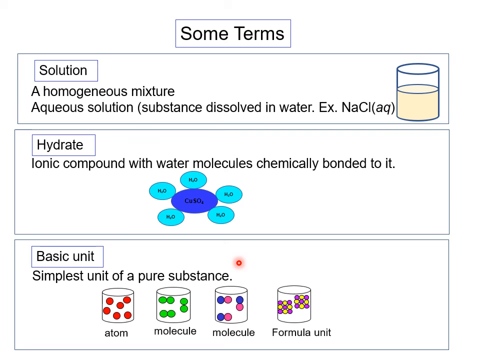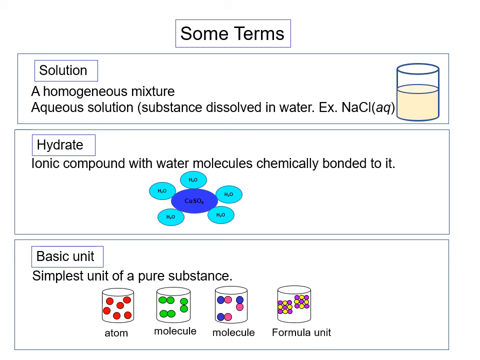And then we talked about basic units. We said basic units are the simplest units of a pure substance. The three words that we can use for basic units are either atoms, molecules, or formula units. And keep in mind that basic units cannot be applied to mixtures. They can only be applied to pure substances.